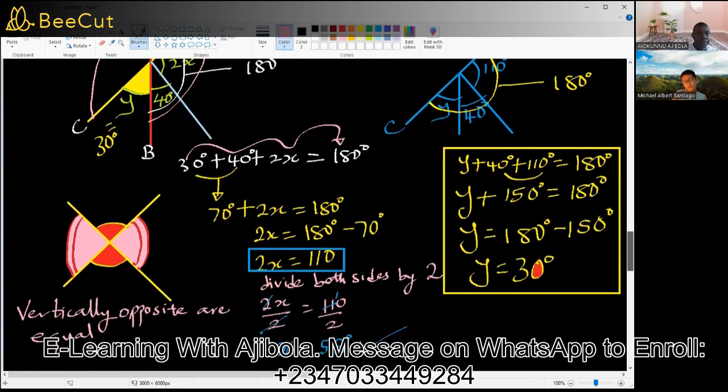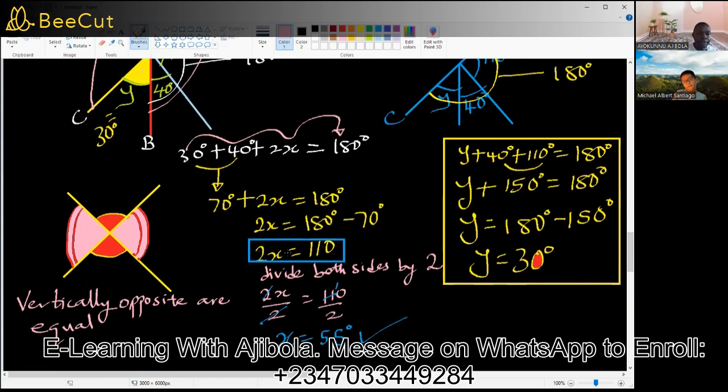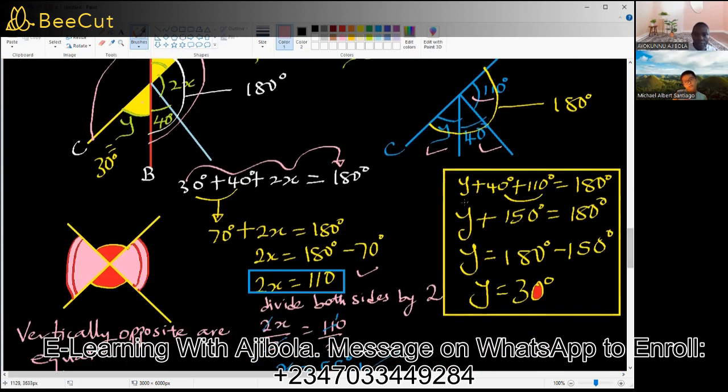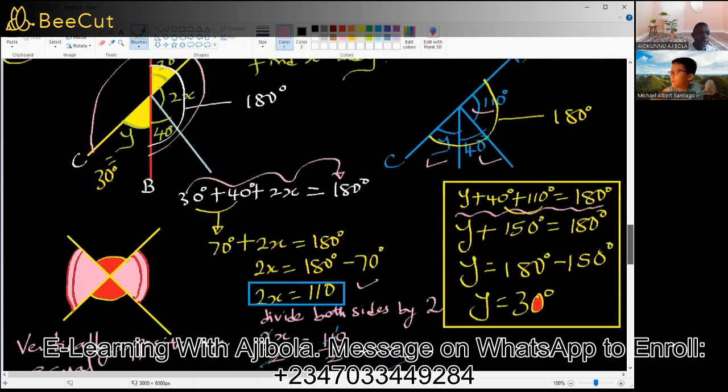So after doing that, we're able to find the value of our x, or 2x. And we're able to know the value of that angle to be 110 here and 40 here. And to find our y, we also added all these to give us 180 in this place. Okay? Fine. So that is where we'll be rounding up for today.